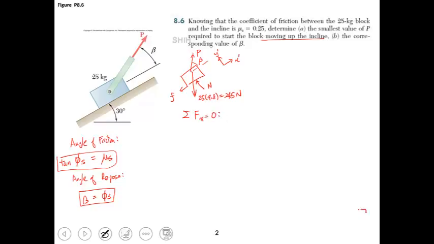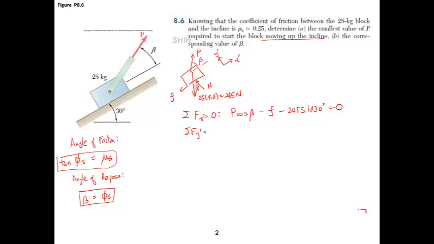My summation of the forces in x prime is equal to 0, therefore I'm going to have P minus friction minus the component of my weight, 245 times sine 30, equal to 0.